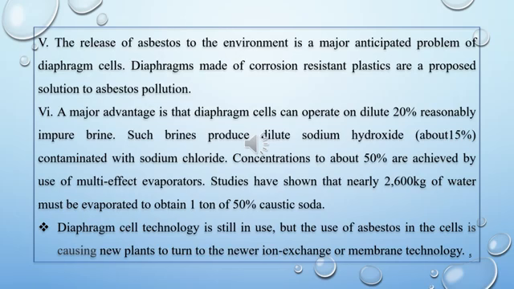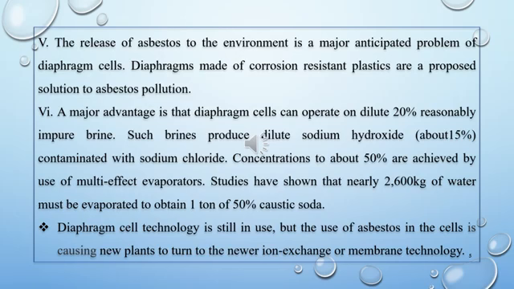Dear students, in this we have discussed 3 points. The first point is that asbestos produces asbestos pollution, and you can overcome this pollution by using corrosion-resistant plastic diaphragms. In the next point, he said that the diaphragm cell operates on a very dilute solution.